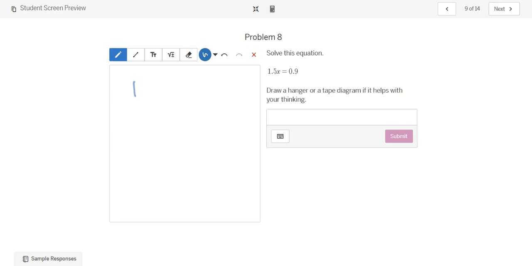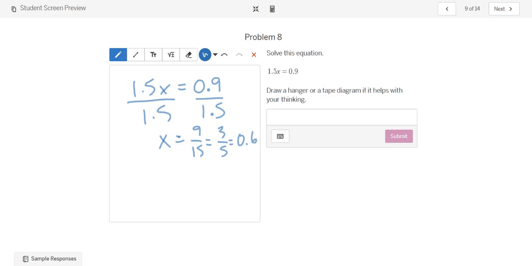Going into this, they're multiplying by 1.5, so I would need to divide by 1.5. Well, that's just 9 over 15. If I wanted to simplify it, which I don't really, but 9/15 is the same as 3/5, or as a decimal, which is ugly, 0.6.